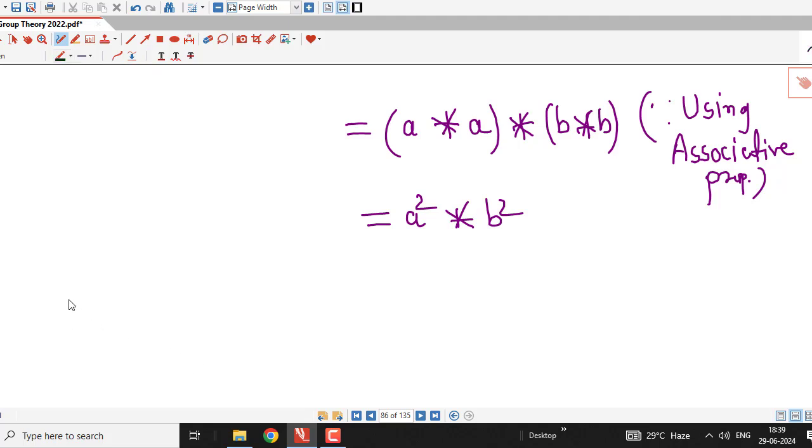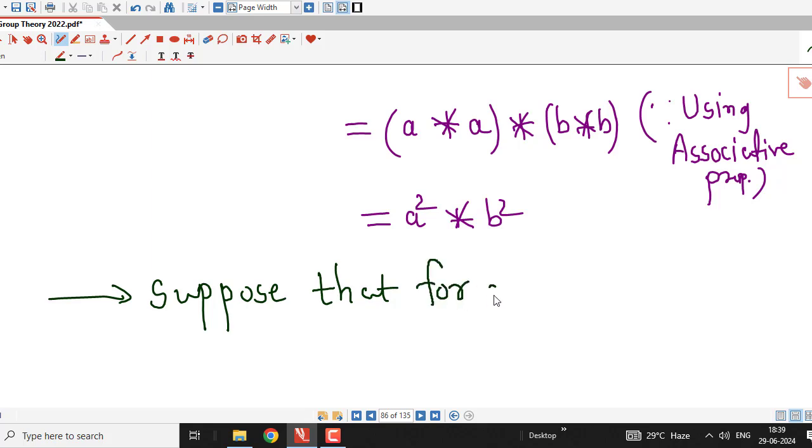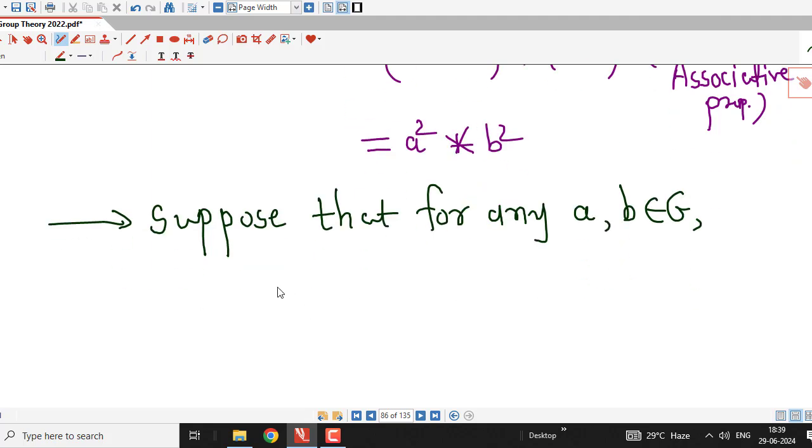Now we consider the converse, that is, we assume that this property is satisfied for any two elements. Suppose that for any two elements A, B in a group G, we have this property satisfied, that is, (A star B) square equals A square star B square.